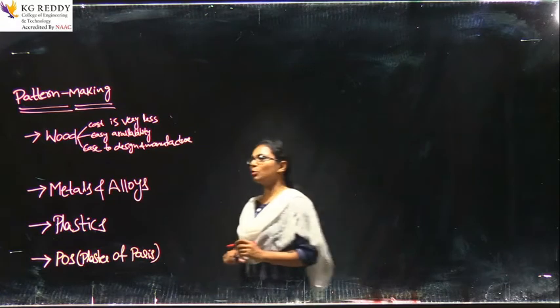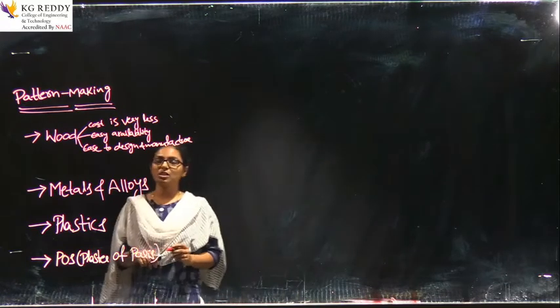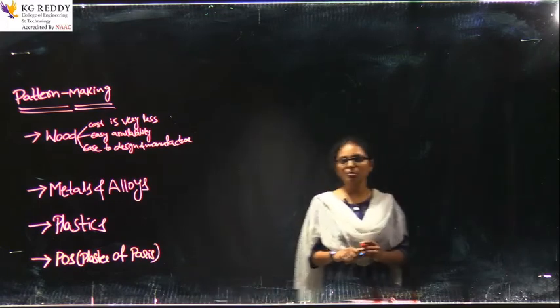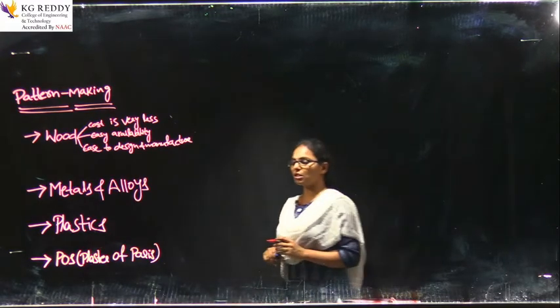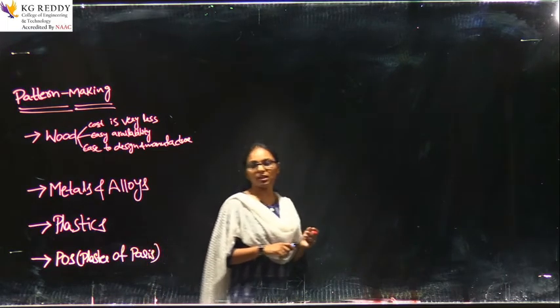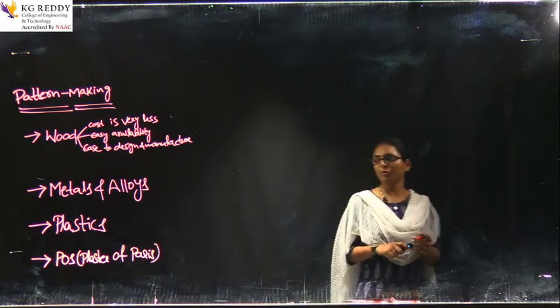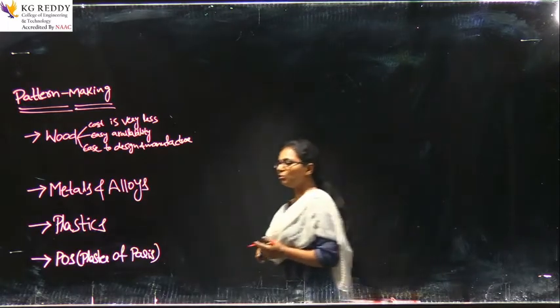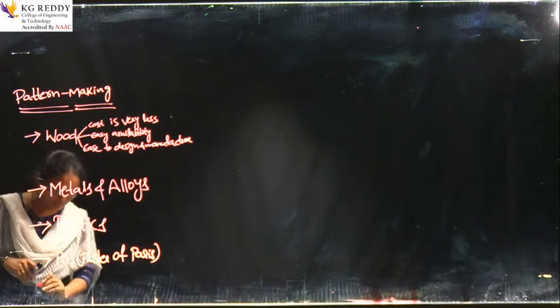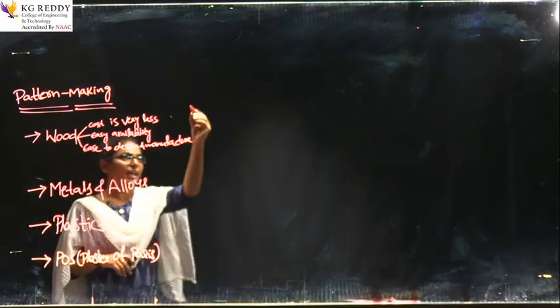This is also one of the materials used for making a pattern, and it is also suitable for making patterns in larger quantities. Based on the requirement of where we are using the product, we have to select the type of pattern material. We can use either resins, plaster of Paris, and also another important material, wax.